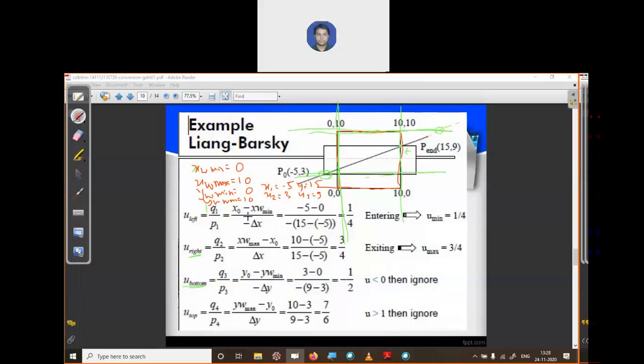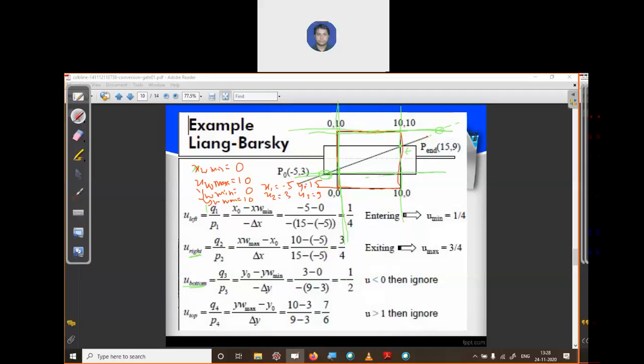I just put the value of this x0. As you can see here, x0 is just a symbol of x1. Minus 5, xw means 0, delta x, which is x2 minus x1. Sorry, I just wrote the wrong value.